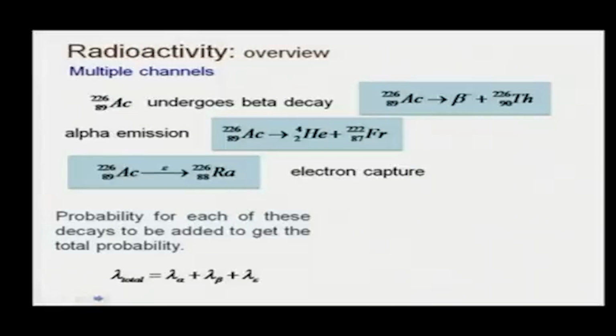The total of these will give you the total probability of the radioactive decay of actinium. Again, remember that we are talking about probabilities for these decays. So, when we focus on a particular actinium nucleus, it will decay either through beta emission, or alpha emission, or electron capture, or it may not decay for a long time also.